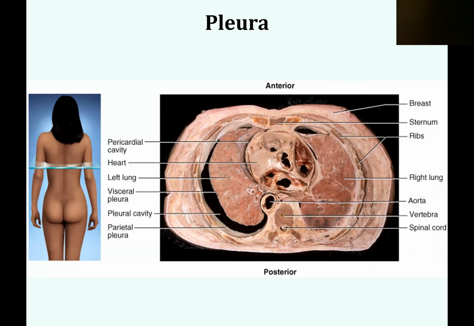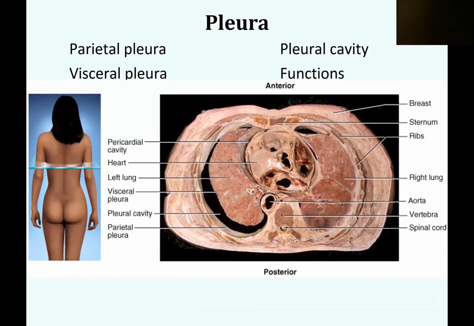The pleura is like the pericardium. The pleura is a membranous sac that encases each lung. So each lung has its own pleura. It has the same 3 components. There's a parietal pleura, which is the outer cover.